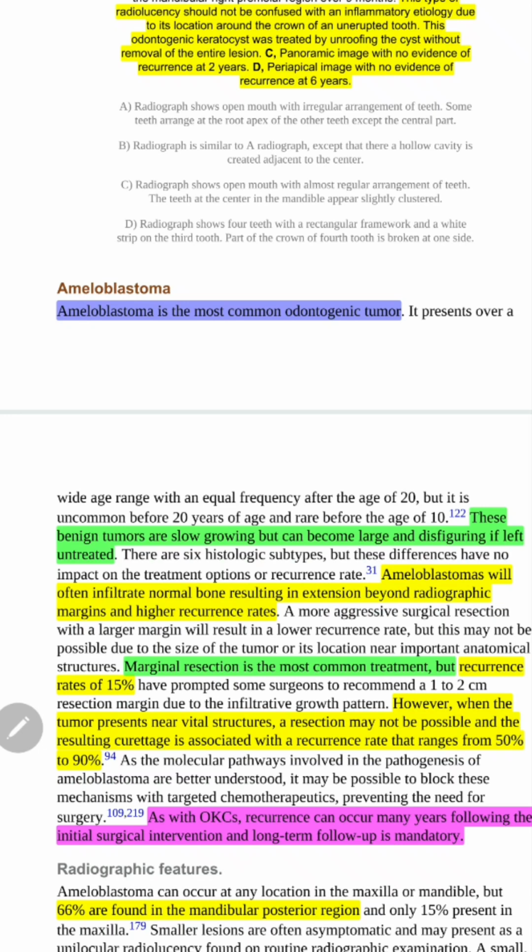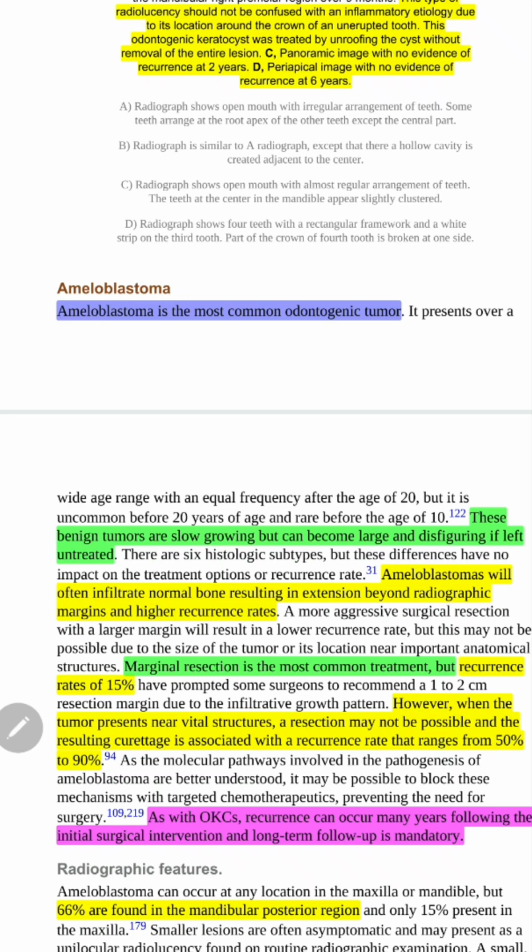Marginal resection is the most common treatment, but recurrence rates are of 50%. So, surgeons are recommended to take 1 to 2 centimeter resection margins to avoid the recurrence.